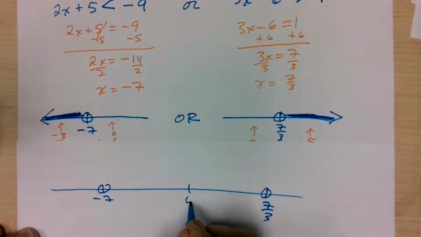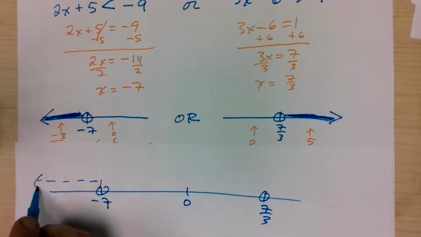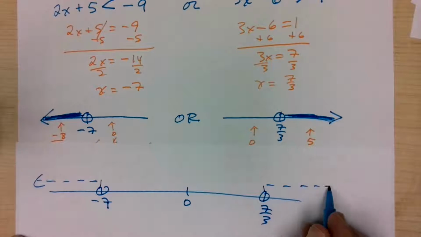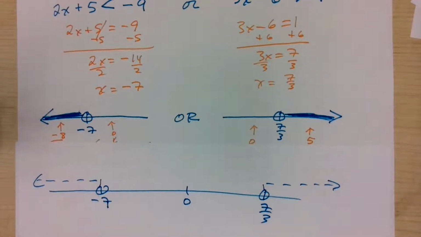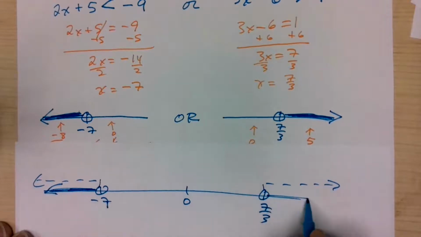I have 0 in the middle, just so I keep track of where 0 is. I am shading to the left of -7. I am shading to the right of 7/3. And if it were and, there is nothing in common for both. If the question asked for and, it would be no solution, but it asks for or instead, so I wind up shading any point I see that's in one set or the other or both. And that's what that looks like.